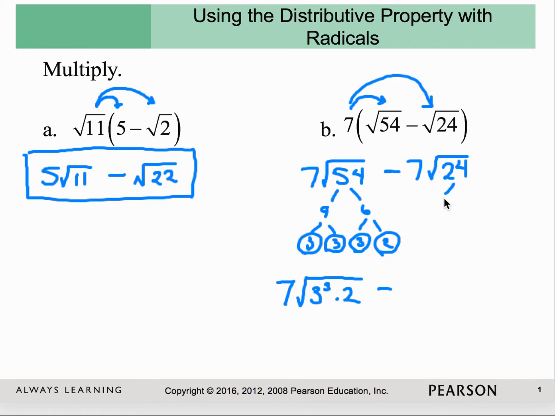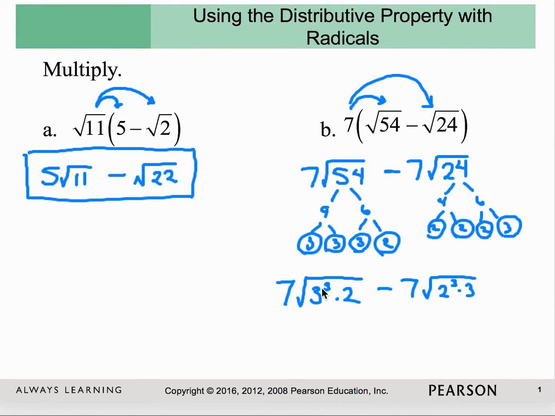This one over here, I can make 4 times 6, which is 2 times 2 times 2 times 3. So mine is 7 square roots of 2 cubed times 3. Okay, anytime you get an exponent that's bigger than your index, it'll simplify.